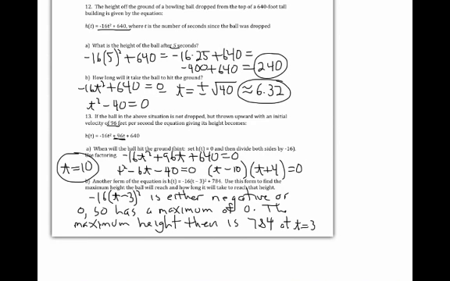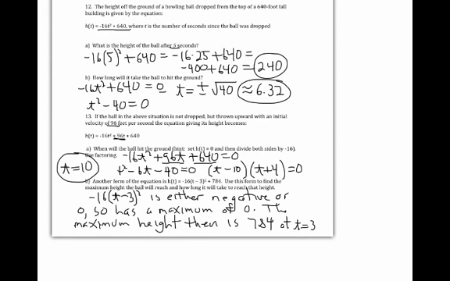Okay, so again, when we want to know how long it'll take to hit the ground, we set it equal to 0, as we did above. So we have negative 16t squared plus 96t plus 640 is equal to 0. Again, we can divide it through by negative 16, which leaves us t squared minus 6t minus 40 is equal to 0.